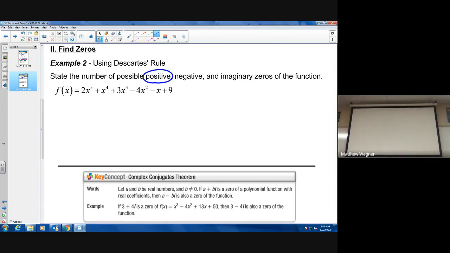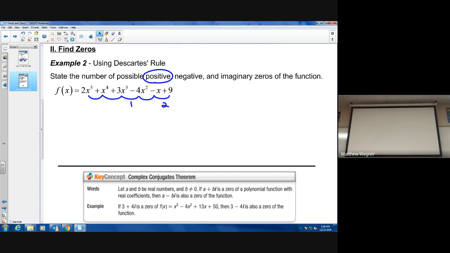So I want to look at my function and check the sign changes. So we go from positive to positive, from positive to positive, from positive to negative. So that's going to be 1, from negative to negative, and negative to positive. That's 2 sign changes. Okay.